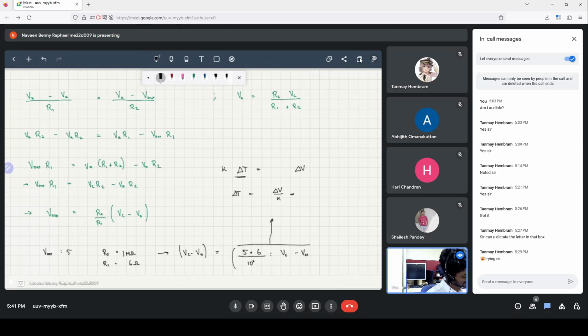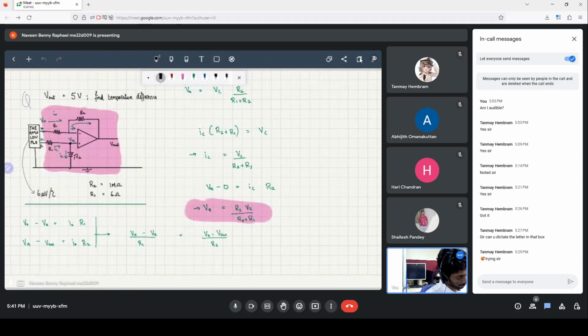Note that this is in volt and K is given in microvolt.